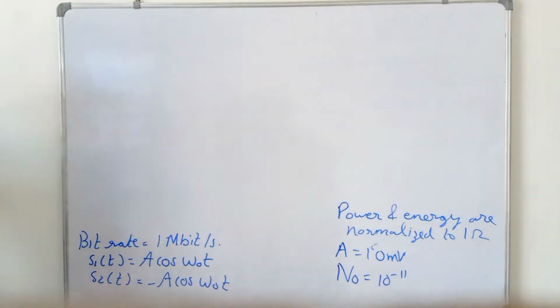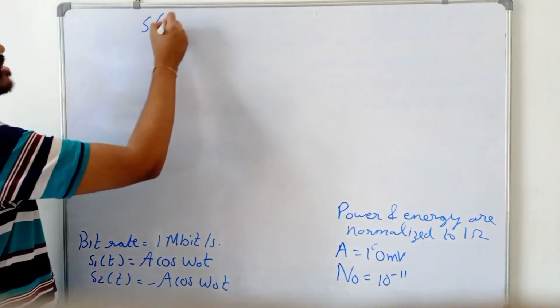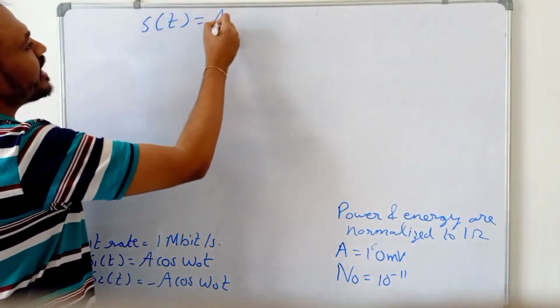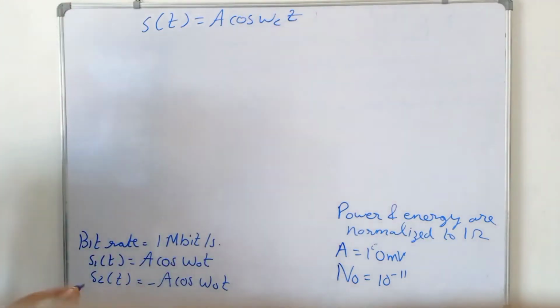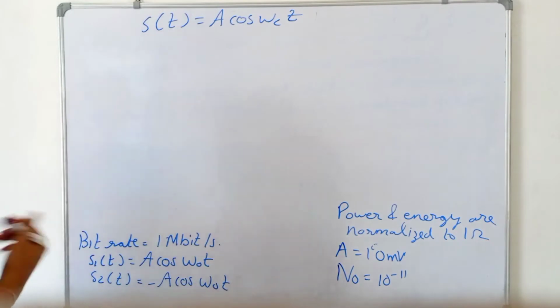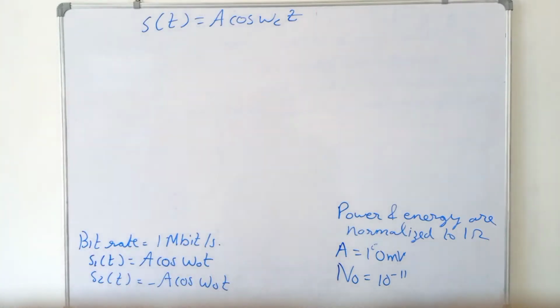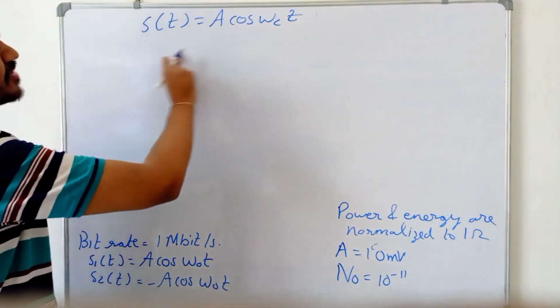If we have a signal S(t) equal to A cos(omega c t), this can be phase shift keying or frequency shift keying or amplitude shift keying. It can be anything. Here A denotes the peak value of the waveform.